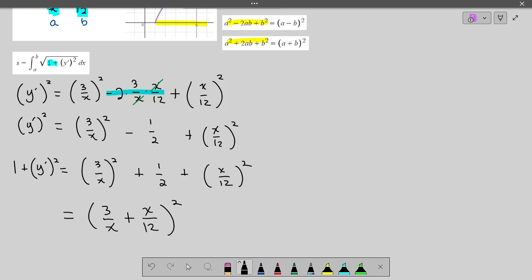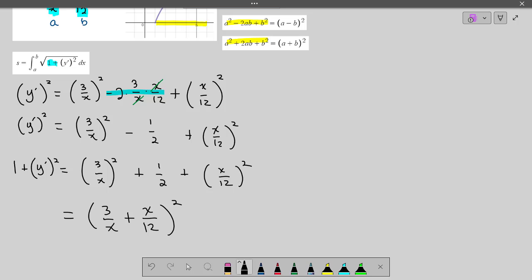If you were to simplify this and write it as 9 over x squared and x squared over 144, and then add 1 to it, you would never factor it into this. It would never be obvious to you that that was a trinomial that you could factor.